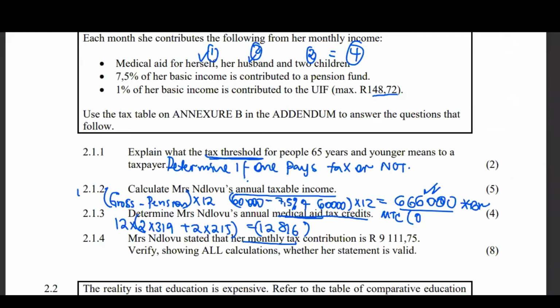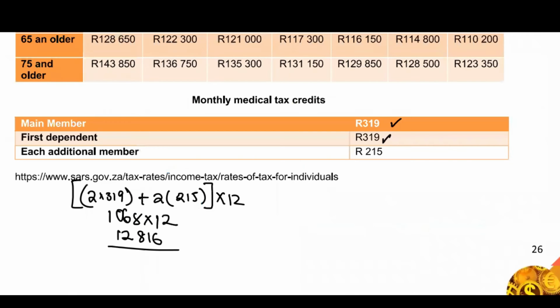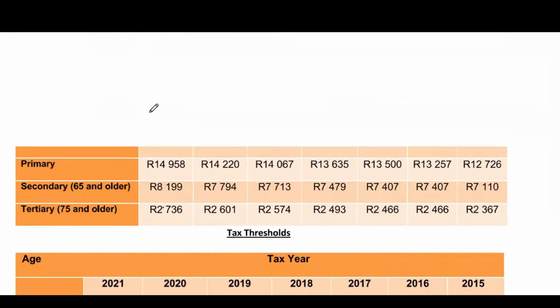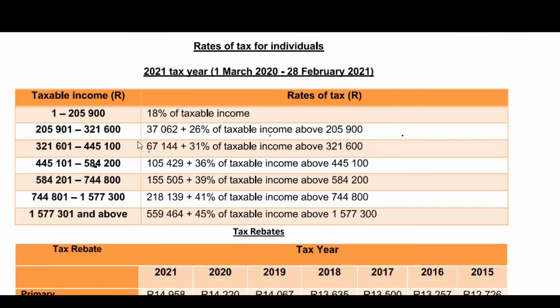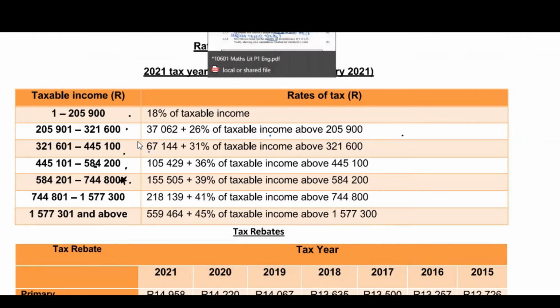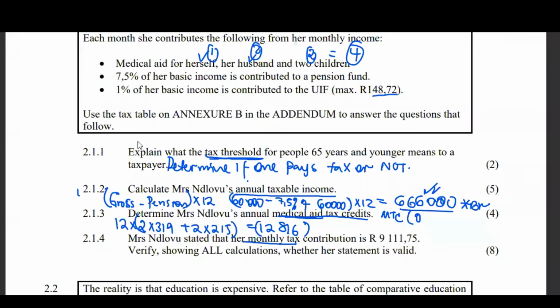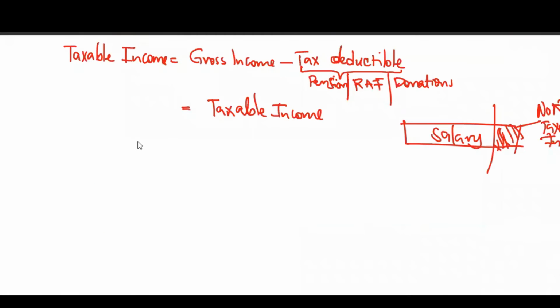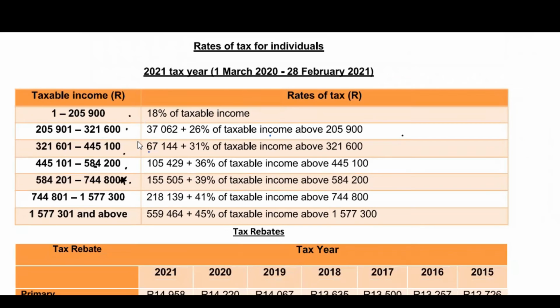We shall come to the tables here. 666,000. It's in bracket number 1, 2, 3, 4. It's in bracket number 5. So we shall take this.